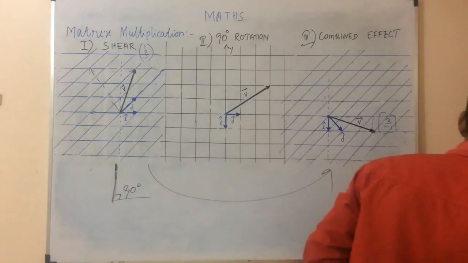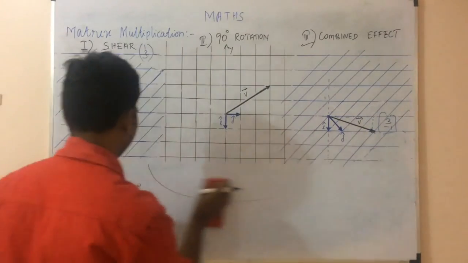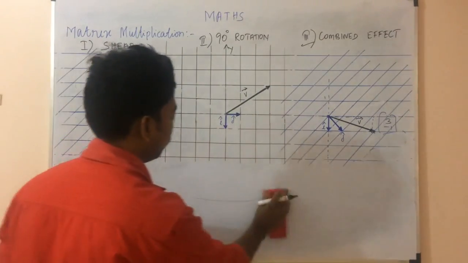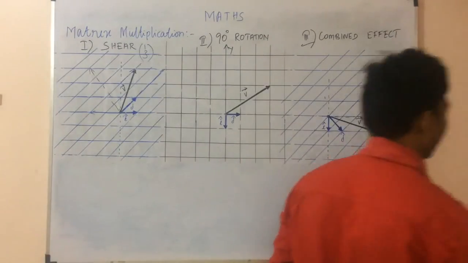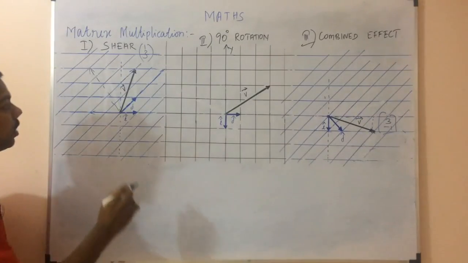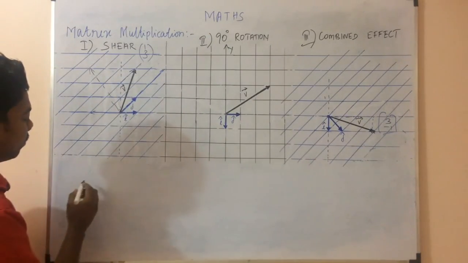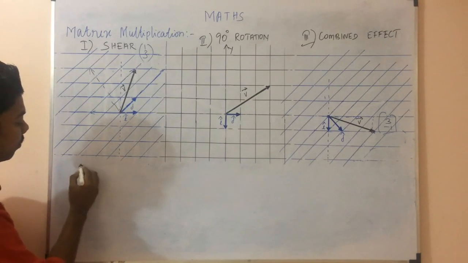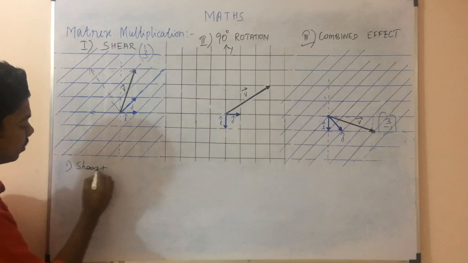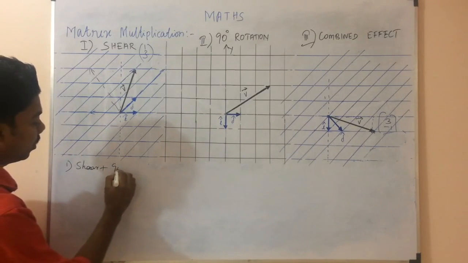So first I am going to find the combined effect of the first shear plus the 90-degree rotation.